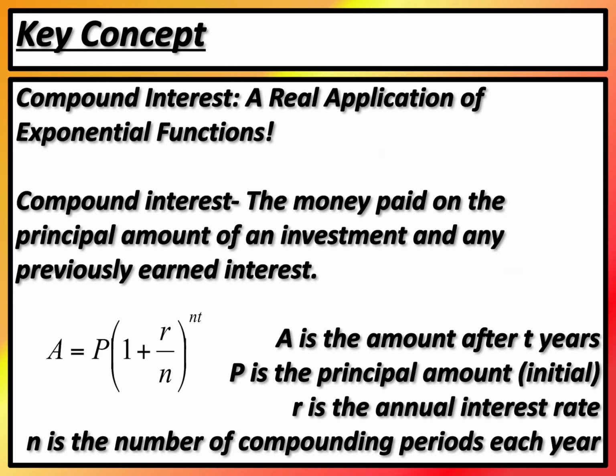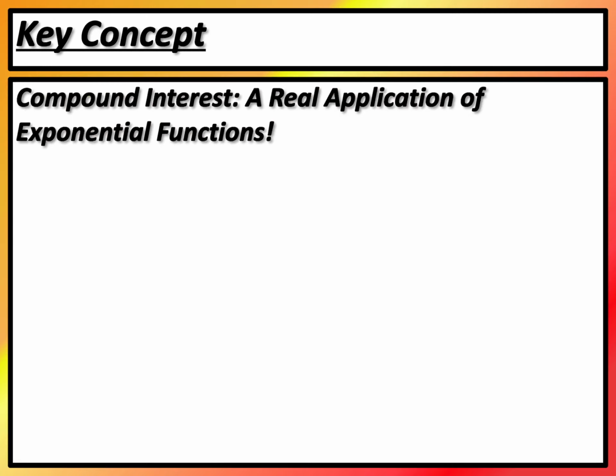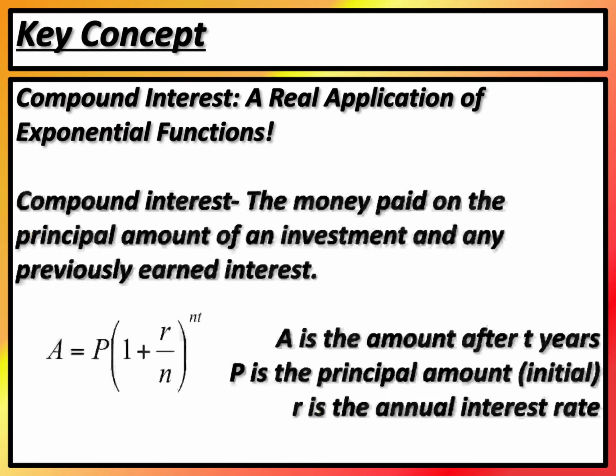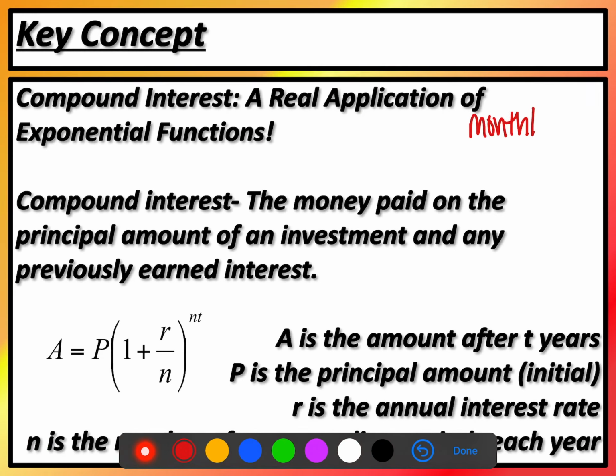N is the number of compounding periods each year. So the problem is going to tell you how many times it's been compounded. It'll say monthly, weekly, bi-monthly, bi-weekly, quarterly. Okay, so monthly, let's maybe write some of these down. Monthly would be 12 times because there's 12 months in a year.